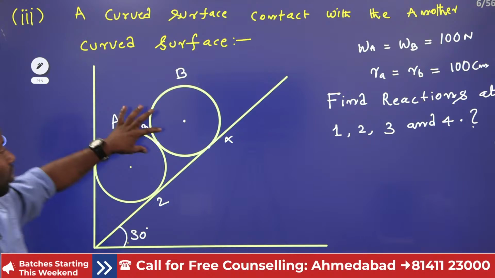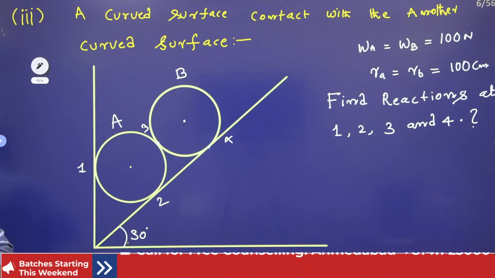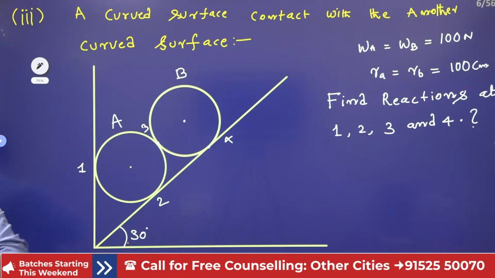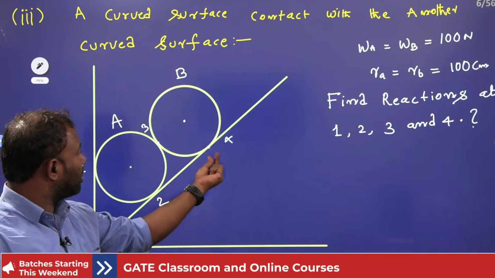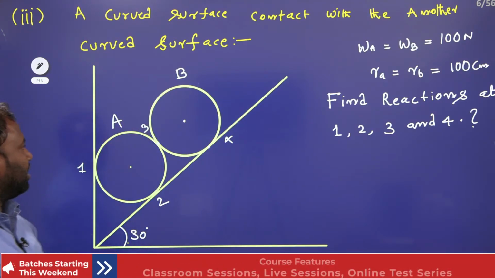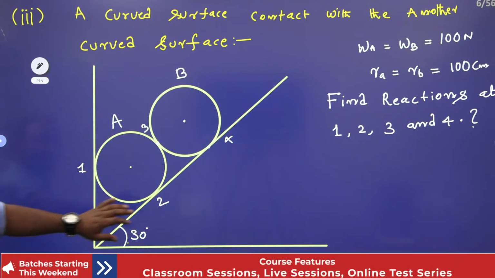Now 3 is in contact with a curved surface, isn't it guys? Now first we will draw the free body diagram of B, and then we will find R3 and R4, and then we will come over here and find R1 and R2 as well.